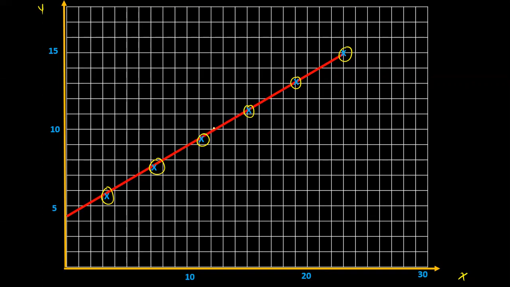Now, this straight line, I'm going to give a name. I'll call it y is equal to a plus bx. Sometimes this will be y is equal to ax plus b also. So you must be very, very careful to find out what is a and what is b. Always you should know which constant is with x.